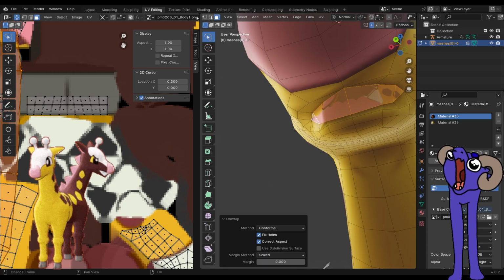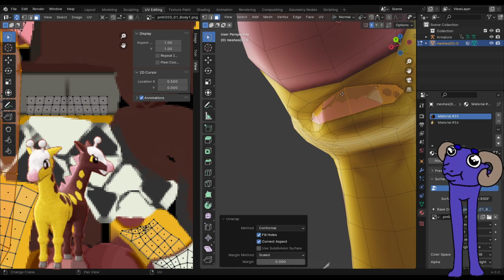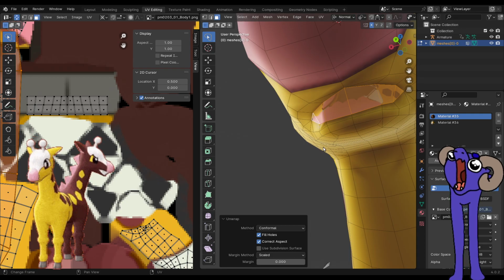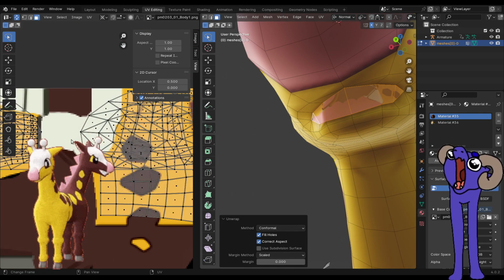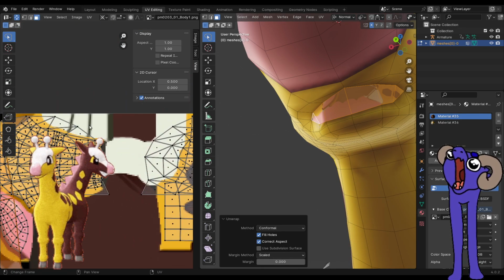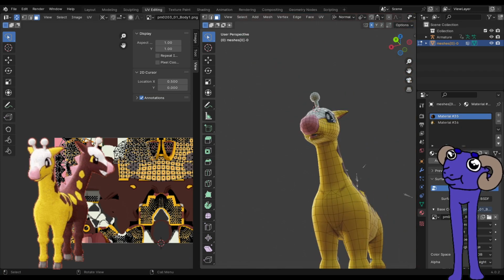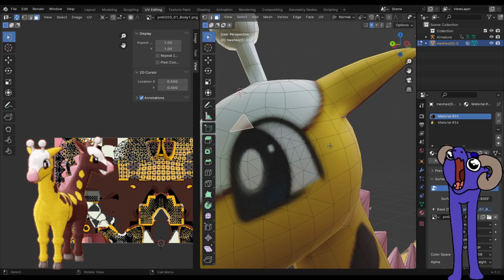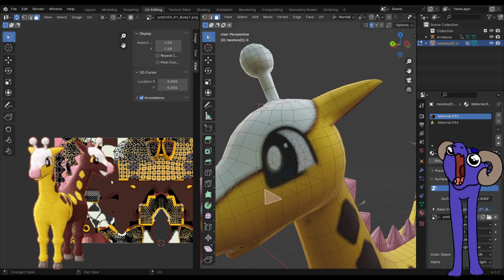Where are your UVs? They're down there. And then your big teeth are up there. Are those actually on? Yeah, they are. Okay, so the teeth are up here. What is that? Which part of the model is using that? The eyes? Oh yeah, because they're on a different thing. That makes sense.